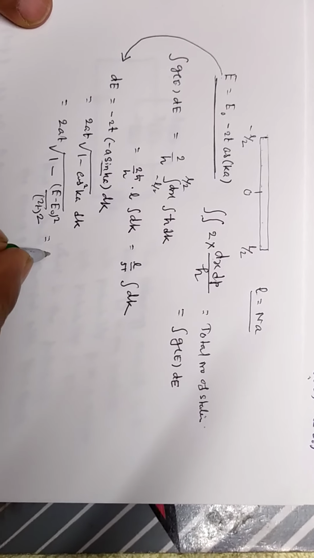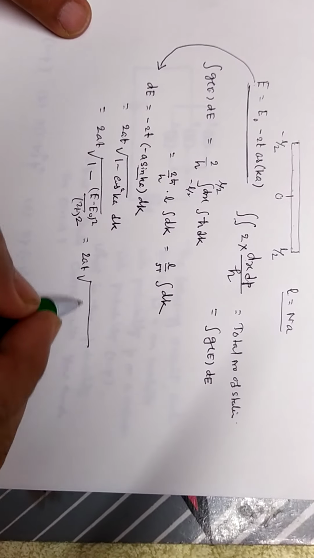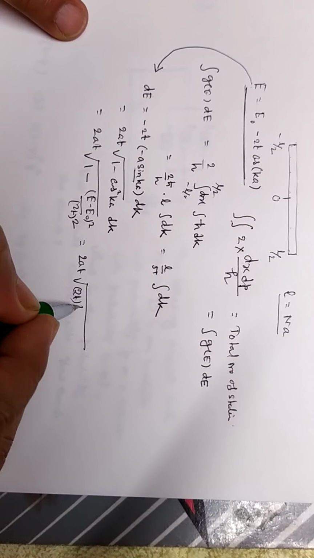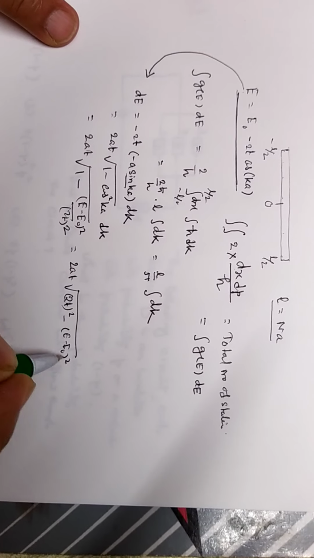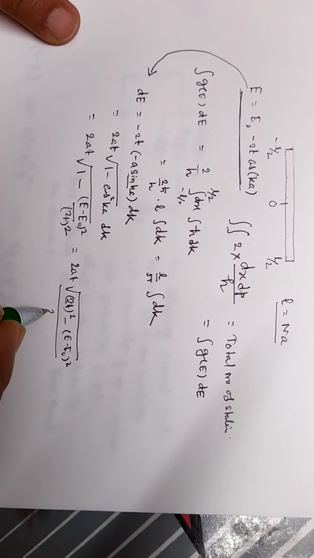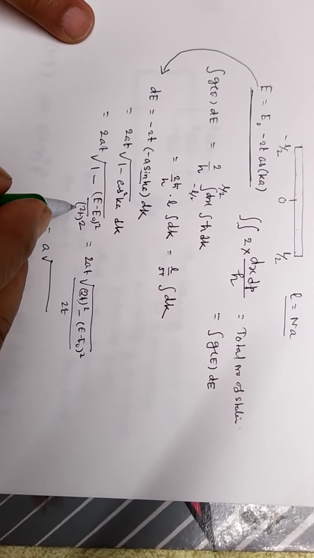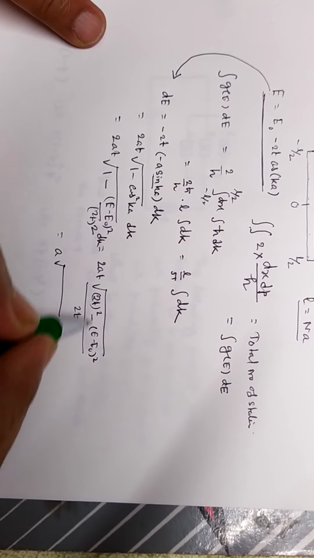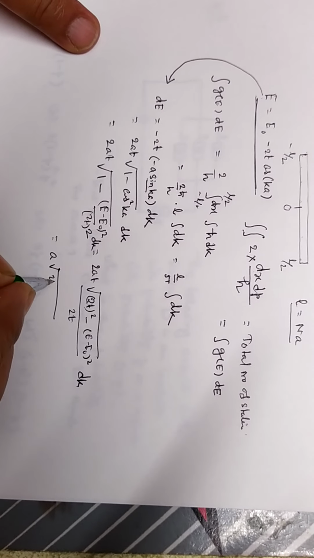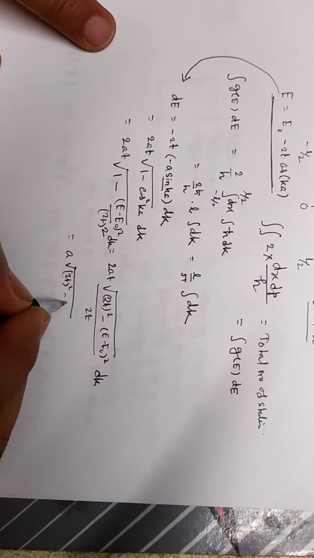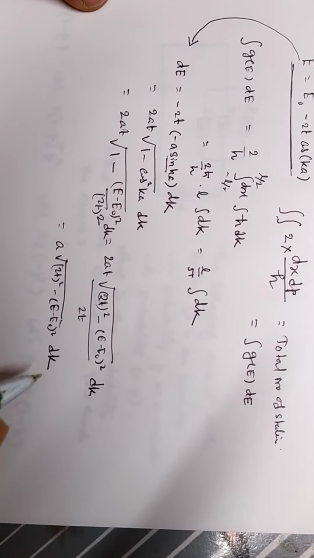This equals a square root of twice t square minus E minus E naught square dk, right?